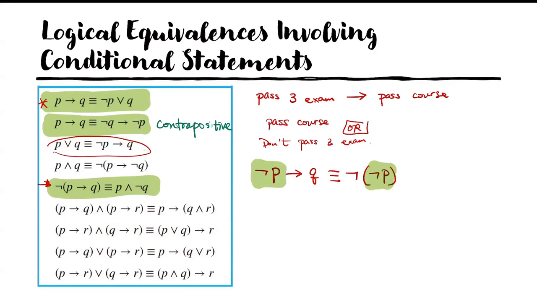So you will negate the first proposition or the second proposition. Now what's the negation of not P? That will just give you P or Q.